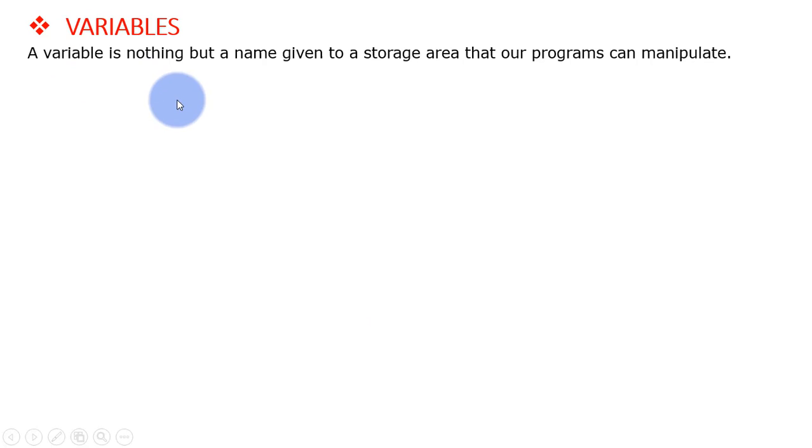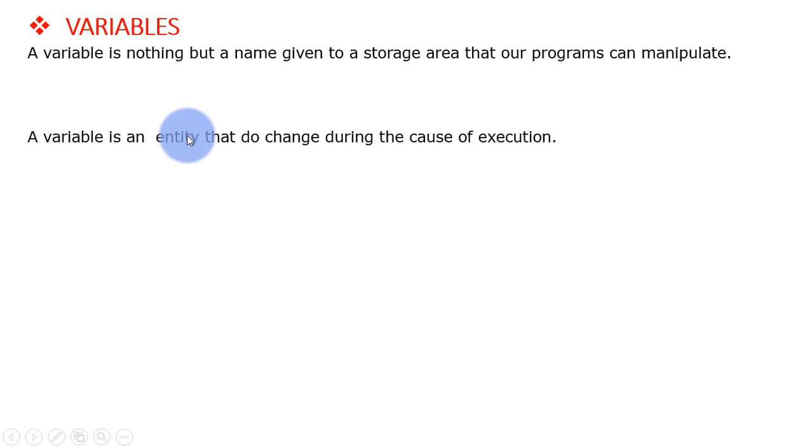Now, what do you mean by Fortran variables? A variable is nothing but a name given to a storage area that our programs can manipulate. In other words, a variable is an entity that can change during the course of execution.